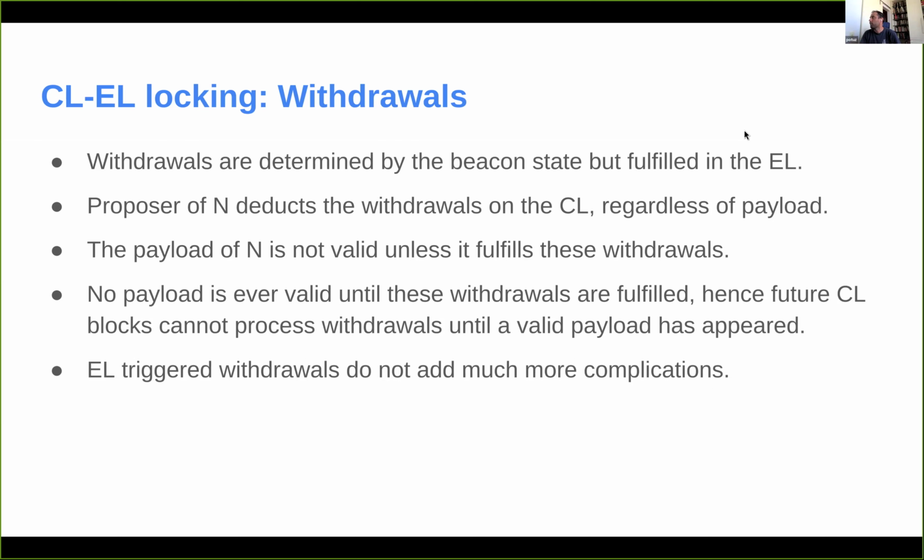So when the payload appears, the payload is invalid if it doesn't include the same withdrawals that we already paid out. So what it means is that if there is an invalid payload, its corresponding beacon block will still be valid and will be part of the chain. That's correct. And that means that we're locked in this situation until a payload appears that is valid.